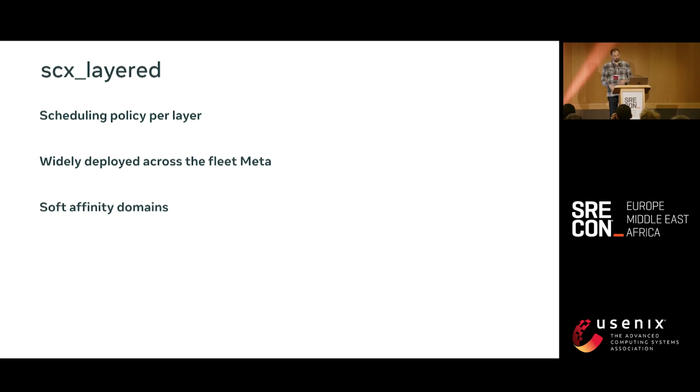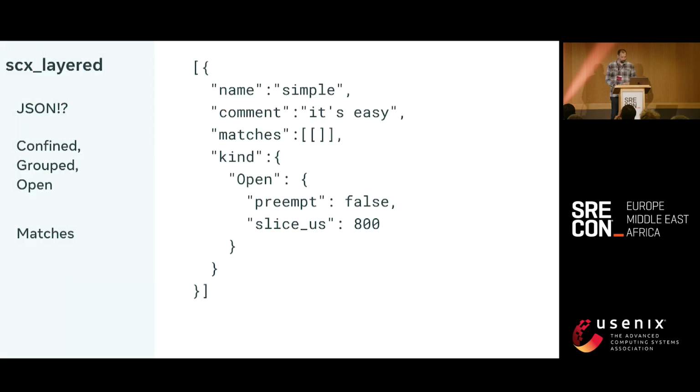It's widely deployed across the fleet at Meta. It's used for several critical services, and we'll go into some more details. It actually uses JSON for its configuration, so we do parse and handle JSON in the kernel.